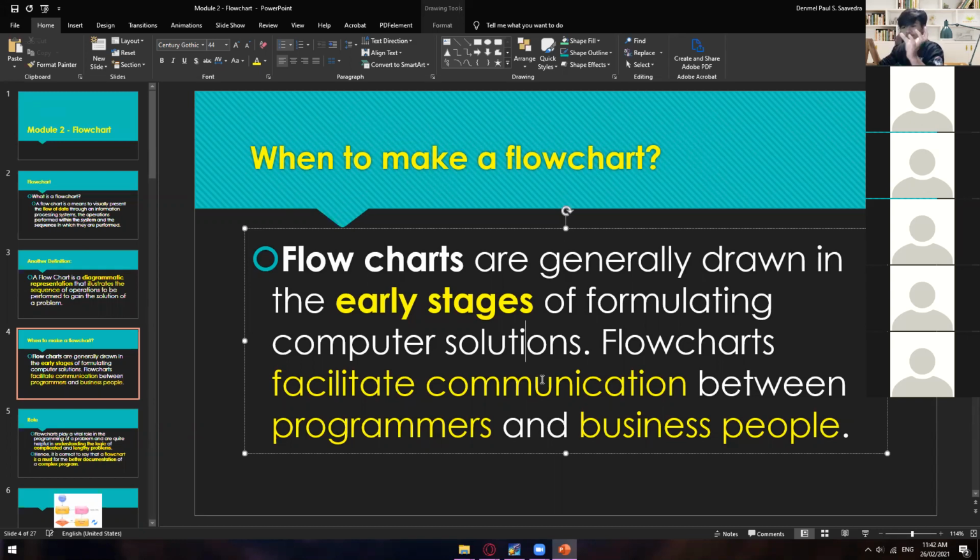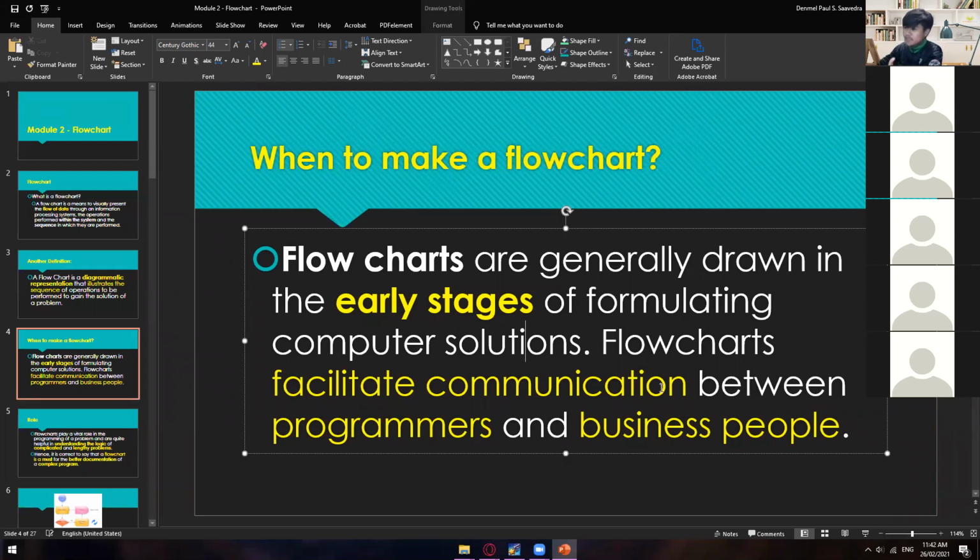Another reason why we have flowcharts: as you may all know, a flowchart is like a layman's diagram. Just by looking at it, even if I'm not a techie person, or I don't have in-depth knowledge of that system, I will be able to know just by looking at the flowchart.